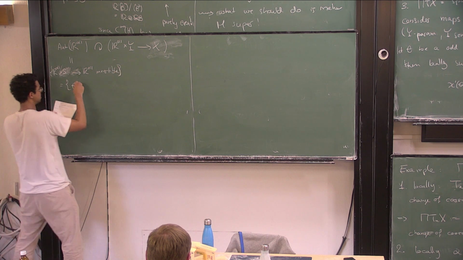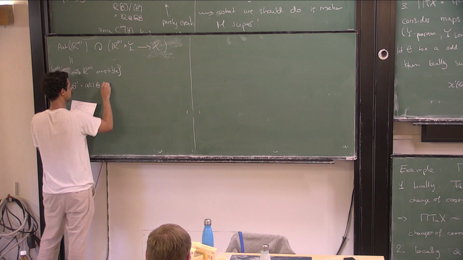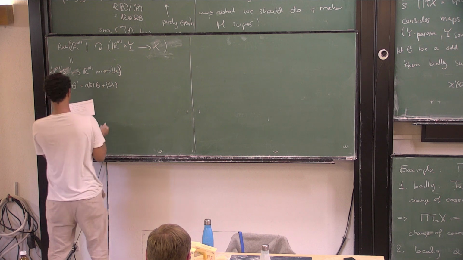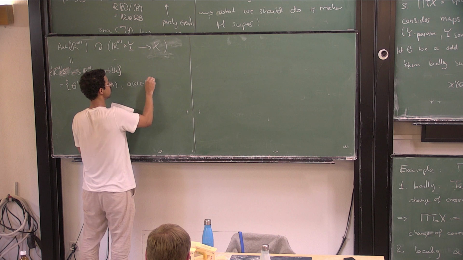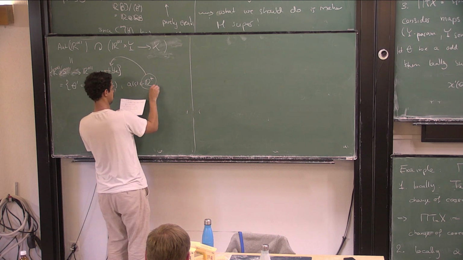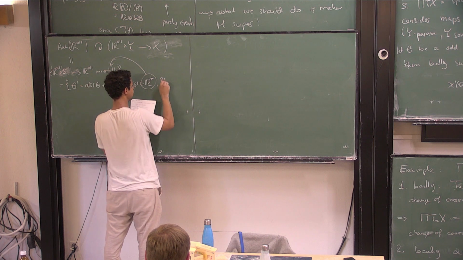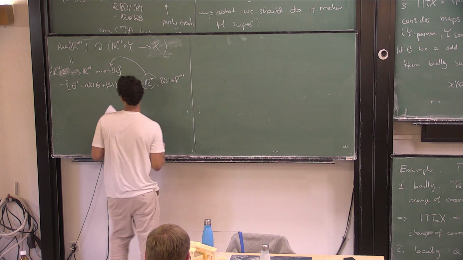So these should be some a(s) theta plus some beta(s), where a(s) is in R star, which is important for being invertible, and beta(s) is odd, in R^{0|1}.